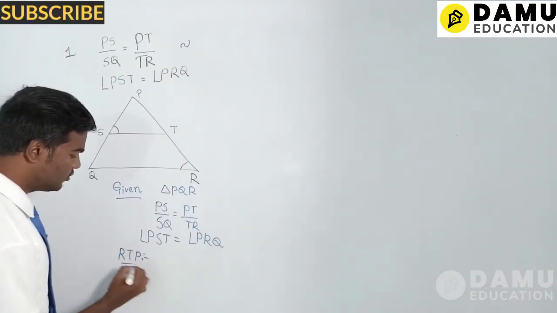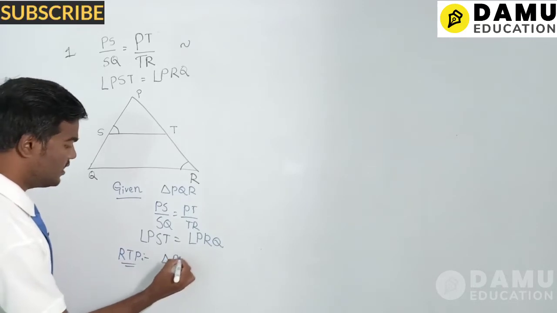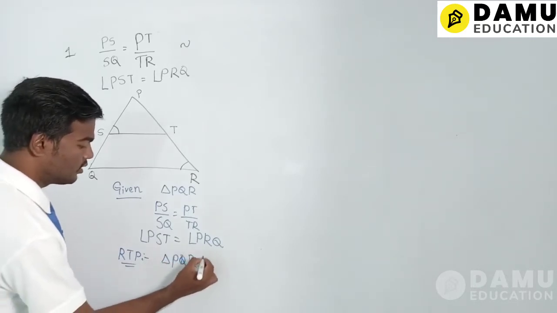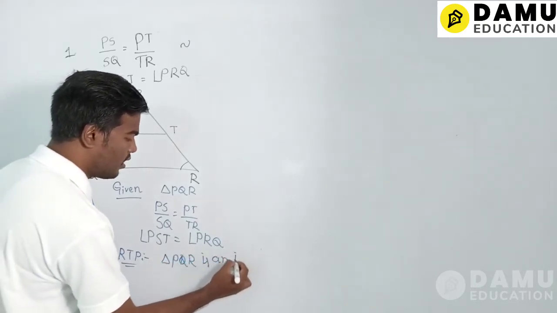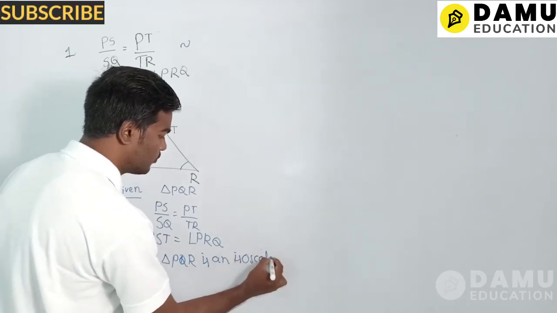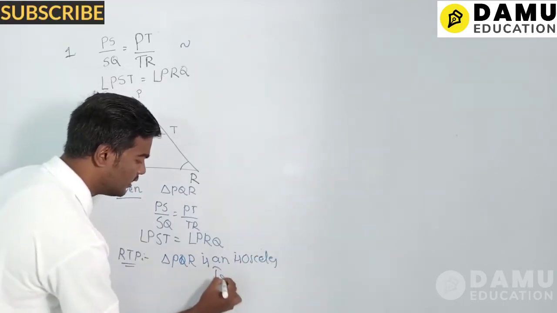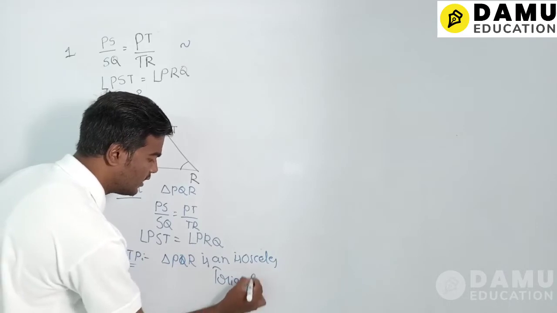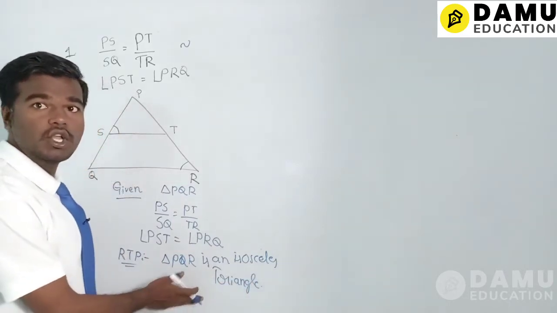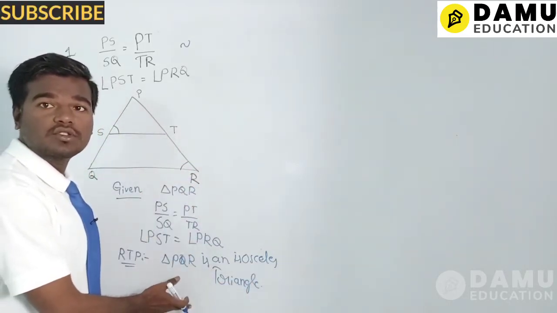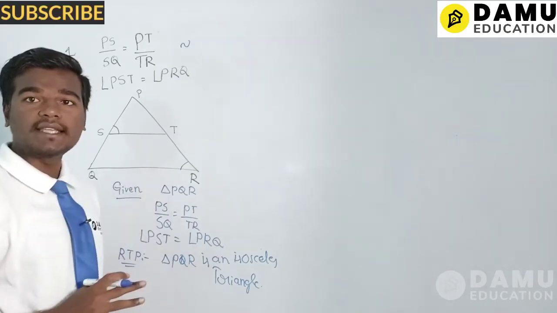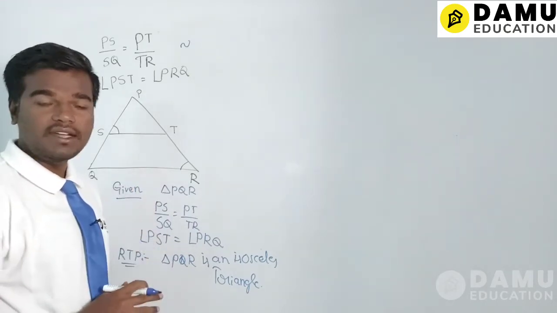RTP: triangle PQR is an isosceles triangle, meaning any two sides are equal in the given triangle.